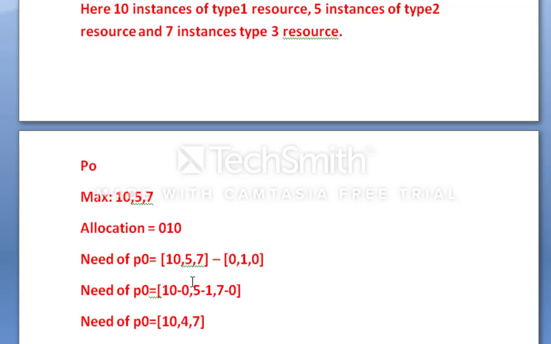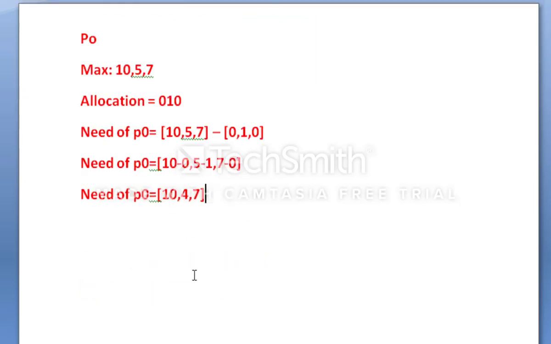That is the need of process P0. We subtract each entry from the corresponding entry, right? That is the need. We first calculate the need, then we proceed further.